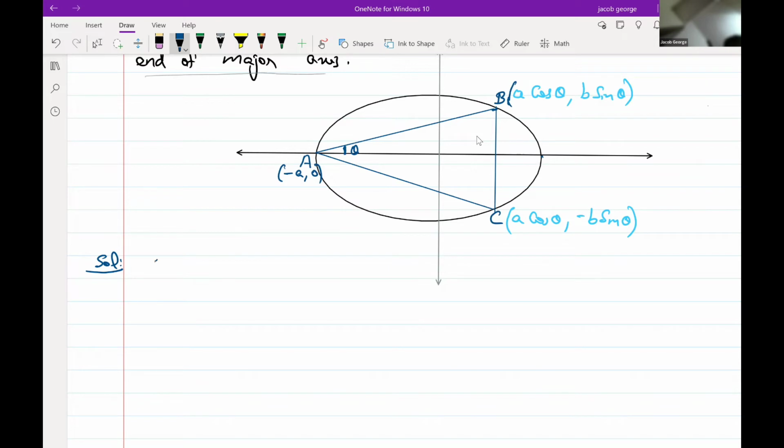Consider the ellipse x square by a square plus y square by b square is equal to 1.